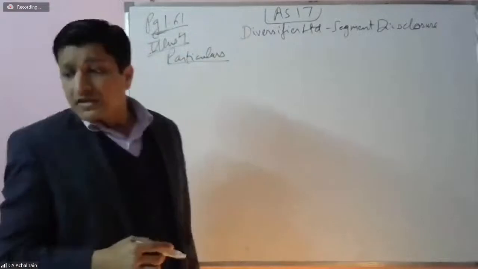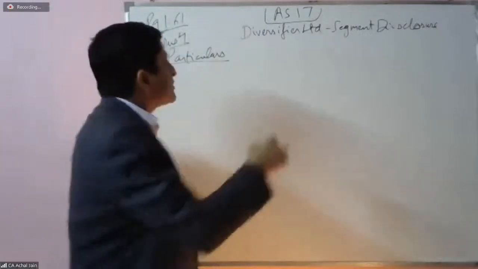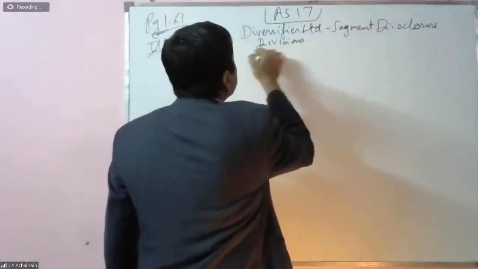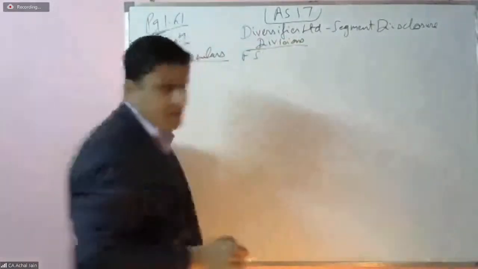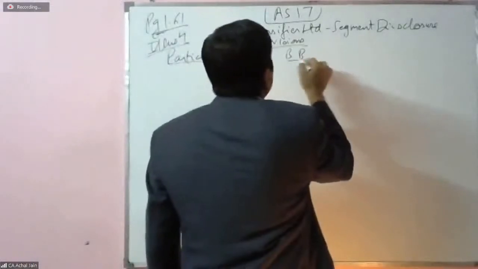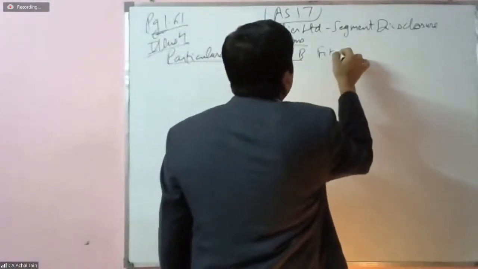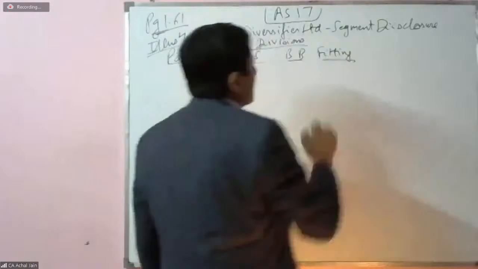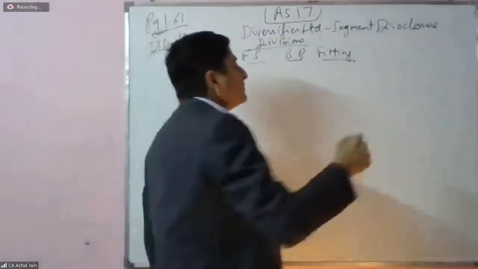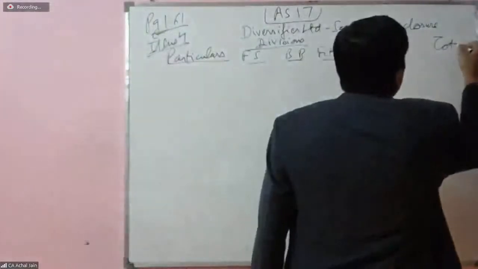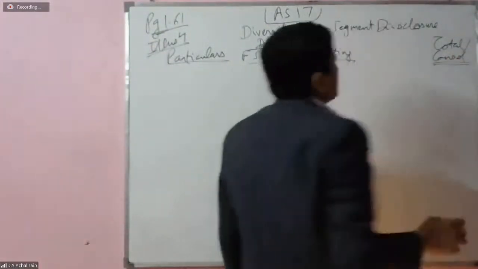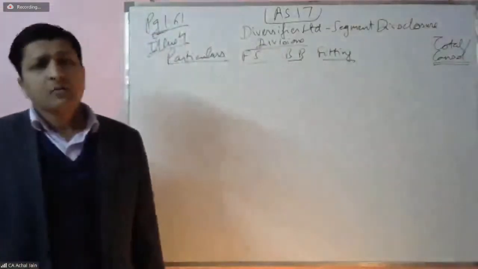So we have particulars, then we have divisions: forging shop, then bright bar, then fitting. Then we need to give the total, or you can say the consolidated picture. This is something which will capture the consolidated picture.